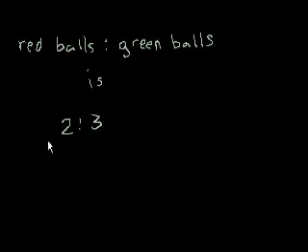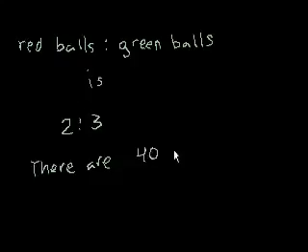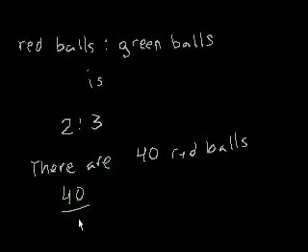And then if I also told you that there are, let's say, 40 red balls. How many green balls are there? Well, what we say is the ratio of red balls to green balls. So we know that there are 40 red balls, and then we want to solve for the number of green balls. That is equal to 2 to 3.